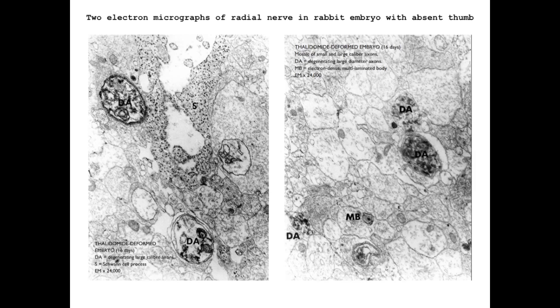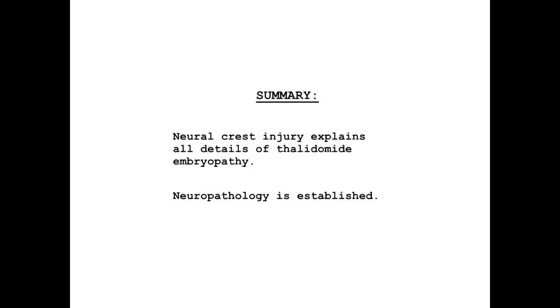These electron microscope pictures of degenerating fetal axons are the closest we're ever going to get to seeing the actual thalidomide lesion. Neural crest injury explains all the characteristics of thalidomide's teratogenesis. There is consistent neuropathology, and this has been shown in adults of humans, in children, and in rabbits.